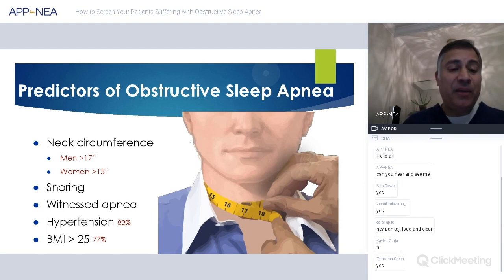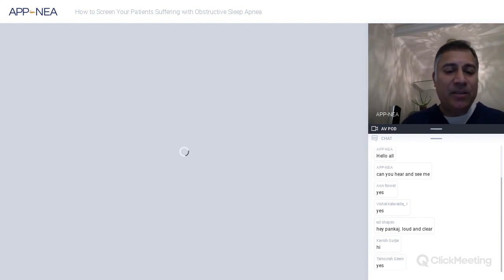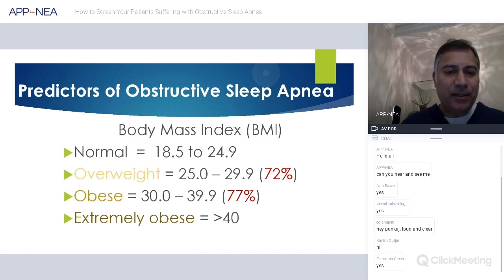If they report witnessed apnea, meaning a bed partner or someone has observed them stopping breathing and then waking up choking, gasping for air. Hypertension, if they have a BMI greater than 25. All of a sudden you put these pieces together and the puzzle starts to become clearer.